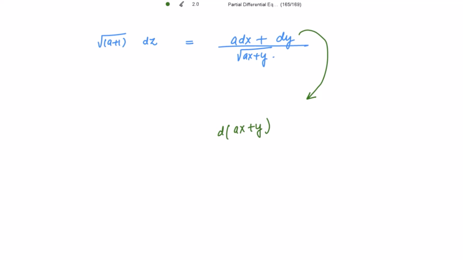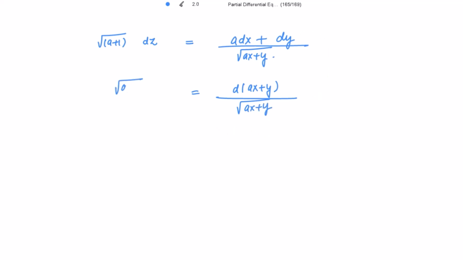Yes. When you open this, you get back a dx plus dy. So in the next term, I'm writing the derivative of ax plus y divided by square root of ax plus y, and here square root of a plus 1 dz. And now we can easily integrate both the sides.